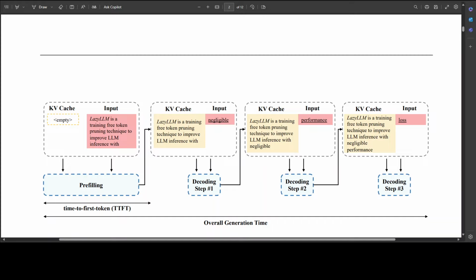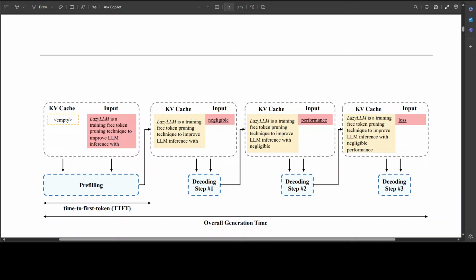The KV cache is used to store the pre-computed key value pairs for each token in the input sequence. This allows the model to efficiently compute the attention weights and context vectors for each token without having to recompute them from scratch. So now we know what is a transformer based model, what is KV cache.